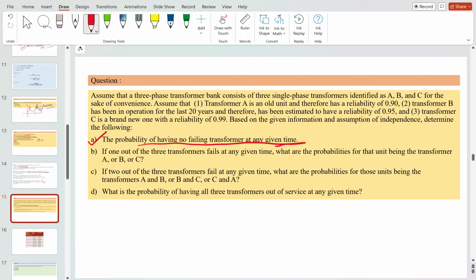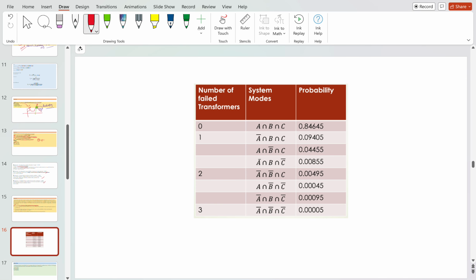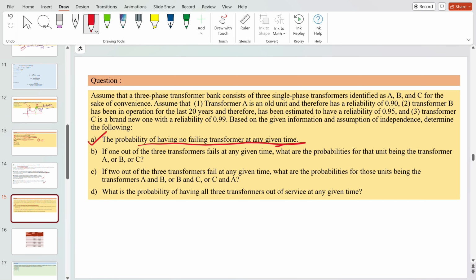Last 30 seconds. Those who have solved part A, try to solve part B. Okay, let me give the solution for part A. The correct answer is 0.84.